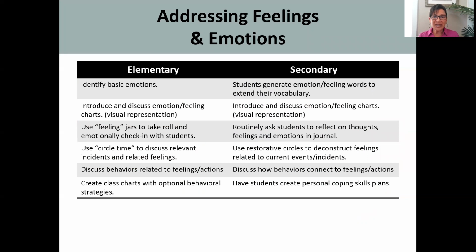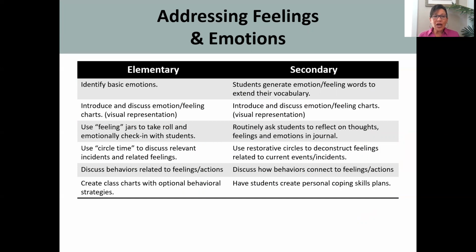So here are some examples of how you might address feelings in a classroom setting. In an elementary setting, you might just identify some of the basic emotions to start with, and then begin to expand emotional vocabulary. And definitely with our secondary students, we want to go a little bit deeper as to what really is going on.